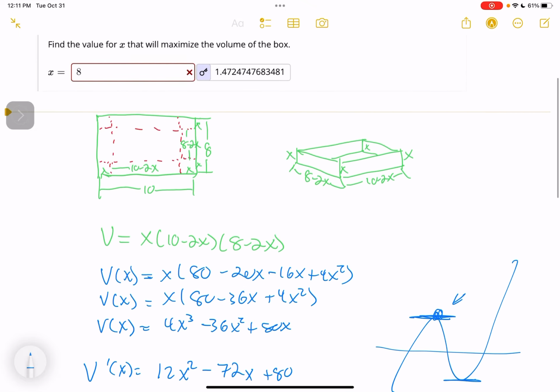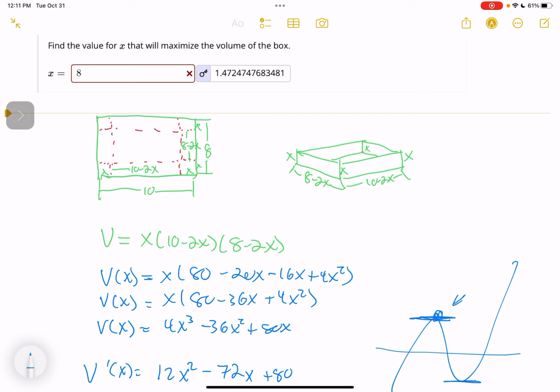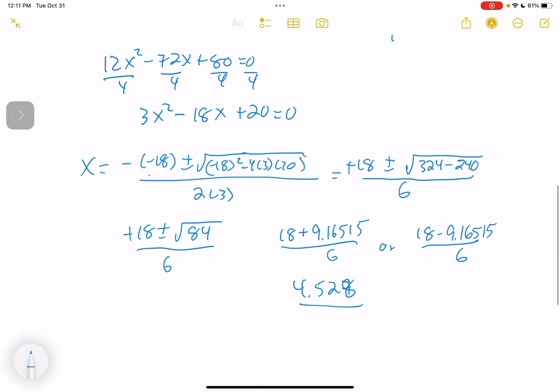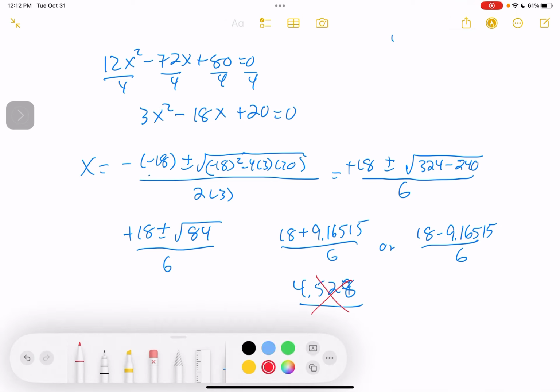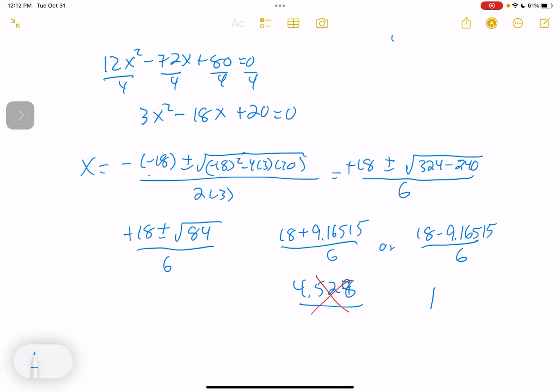If we come back up here, could x be 4.25? Well, that's going to make it longer than this side. So that's not a viable answer. So let's look at the other answer. And we would have 18 minus 9.16515, and then we divide that by 6 to get 1.47245.